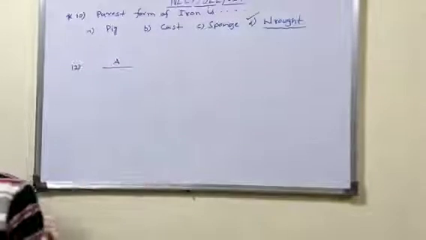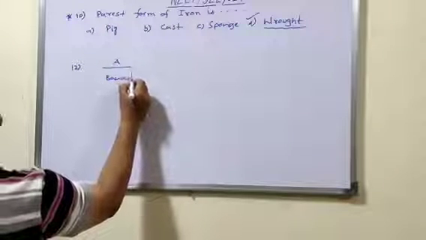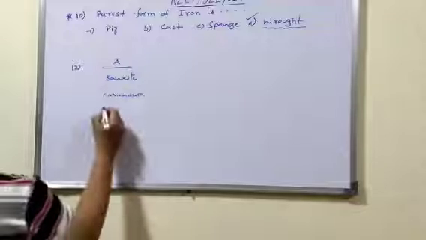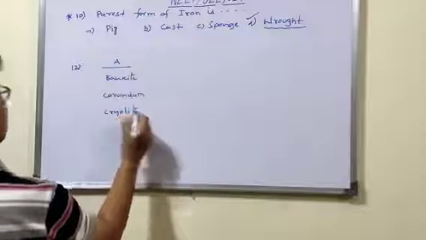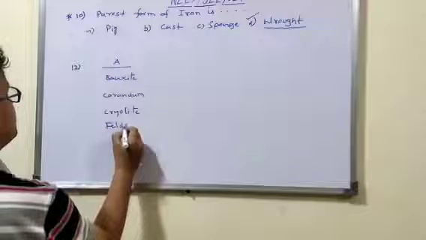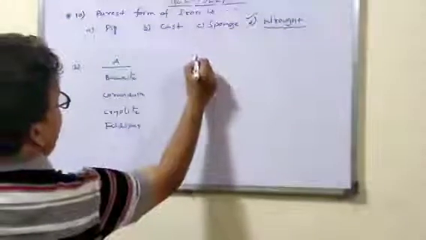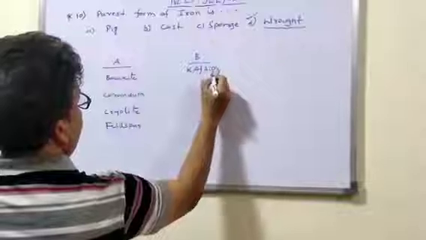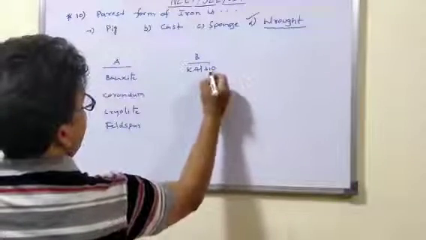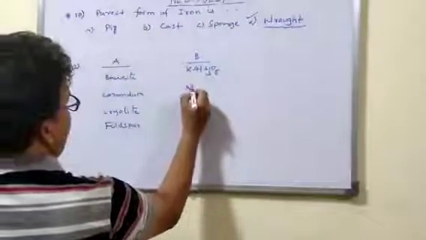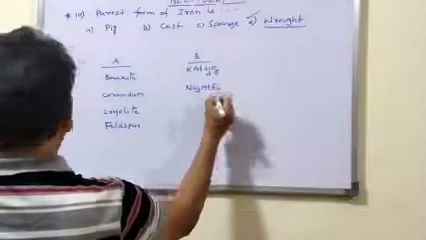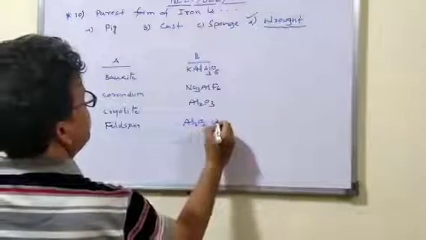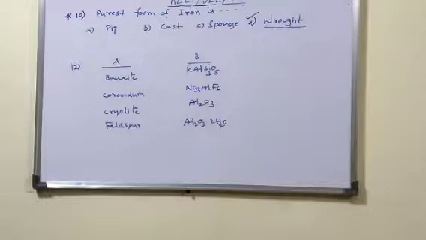Here A as bauxite, corundum, cryolite, and feldspar, and here B given KAlSi3O8, Na3AlF6, Al2O3 2H2O. Match the following.